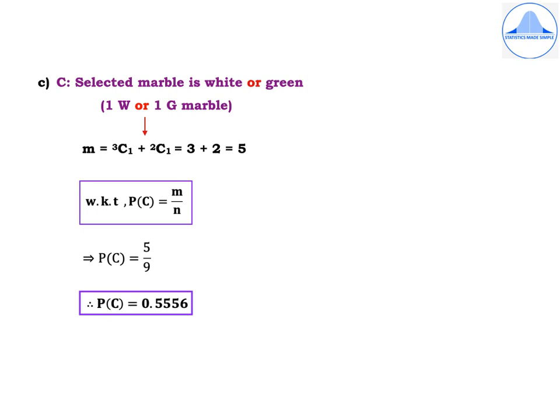Then or you replace it by plus. You have to select now 1 green marble. There are 2 greens and you have to select 1. So it will be 2C1, which is equal to 3 plus 2 equal to 5. Then write the formula. We know that P of C is equal to m divided by n, which implies P of C is equal to 5 divided by 9. Therefore, P of C is equal to 0.5556.